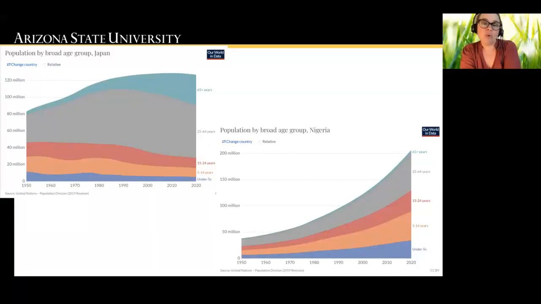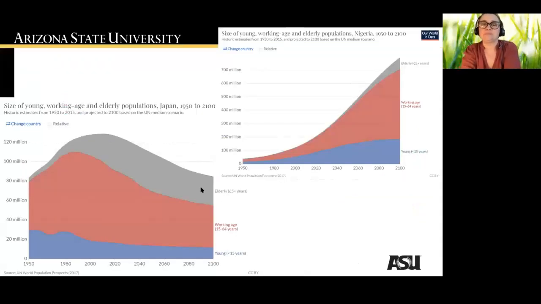And then 65 and older is about the same as 24 and younger. So populations that have more first world advantages also have a larger working age structure.